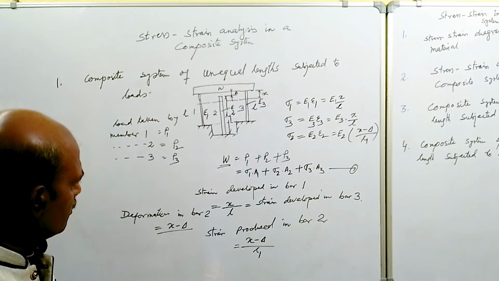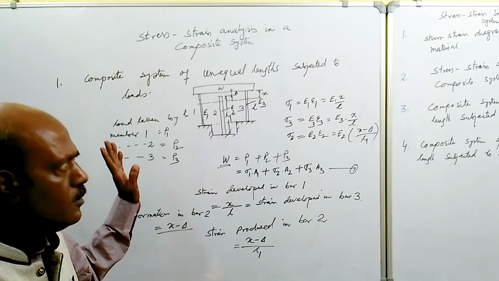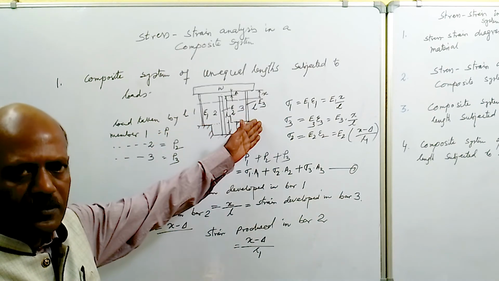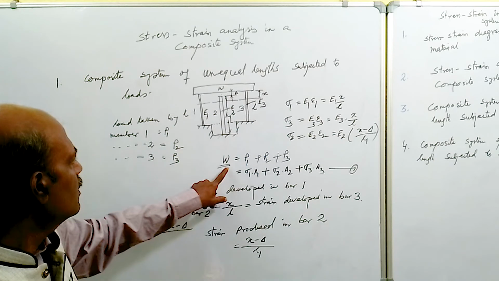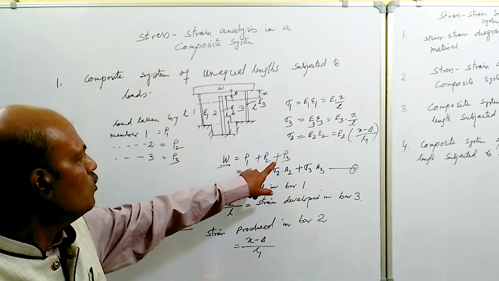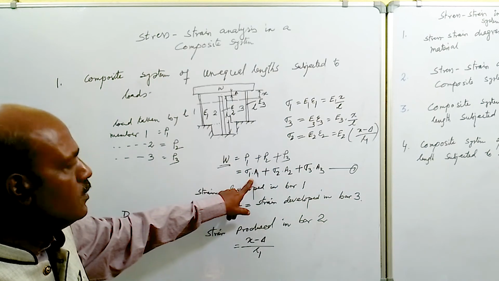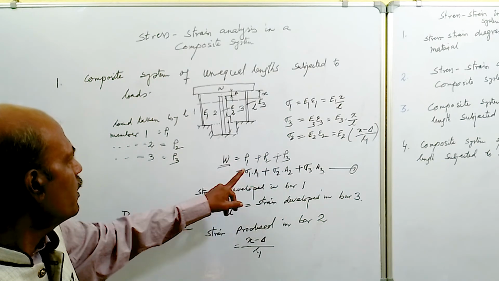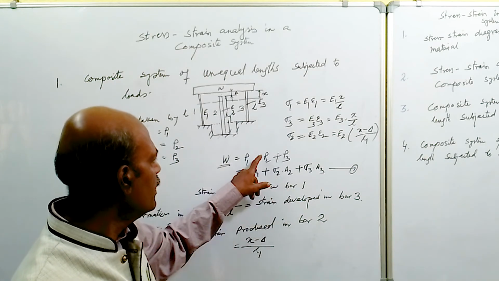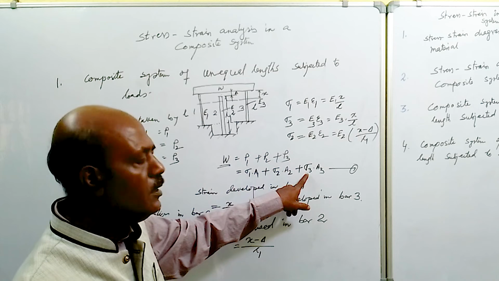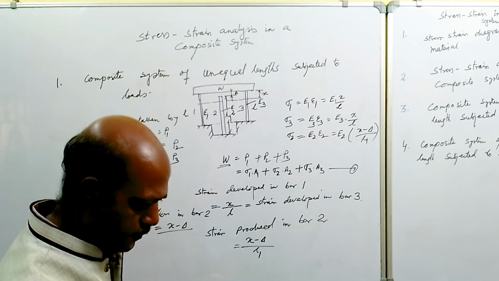If we substitute all the values, we can find the stress and strain developed in the different bars, as well as P1, P2, P3. The load taken by bar 1 is given by sigma 1 into A1, bar 2 is sigma 2 into A2, which is equal to P2, and P3 is given by sigma 3 into A3.